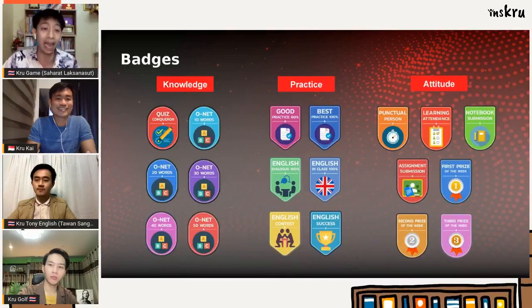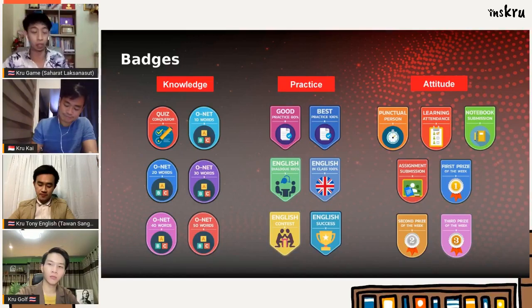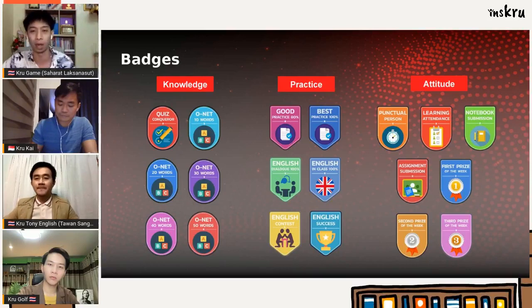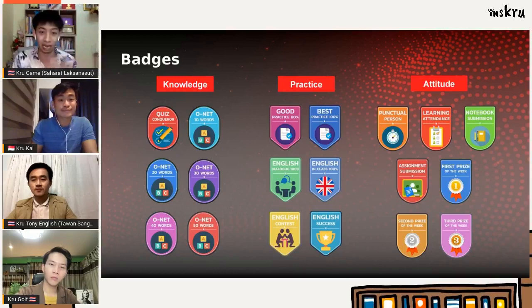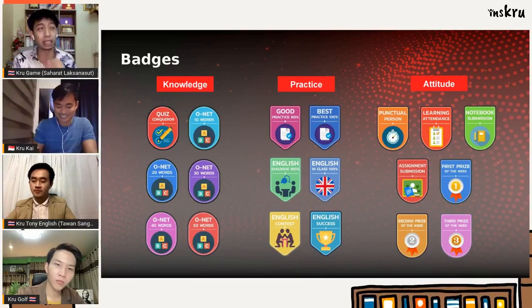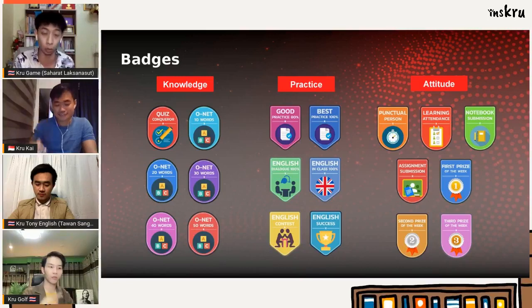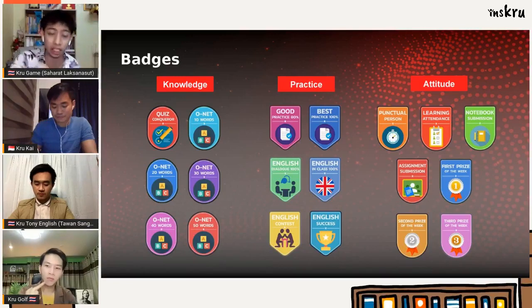Another thing is badges. I separate them into 3 aspects: knowledge, practice, and attitude. These badges are awarded to students when they perform something that is related to my target. For example, if they speak English 100% in the classroom, they will be awarded a badge, the purple one in the middle.